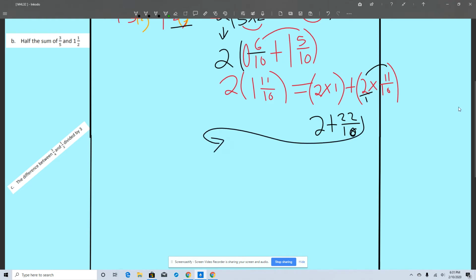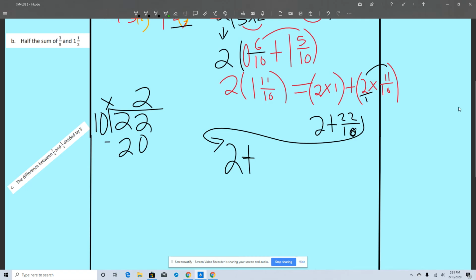It's going to be 2 plus, because 22 can be divided by 10. That 10 goes into the 22 2 times. 2 times 10 equals 20, and the remainder is 2.